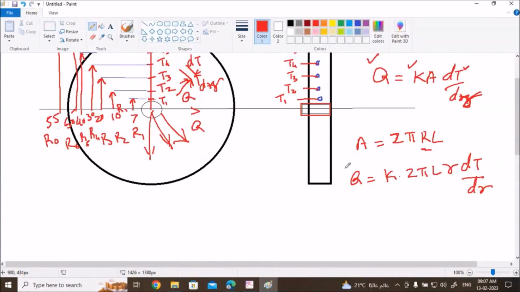Now what are the variables here? Q is constant, K is constant, L is constant, R is variable, temperature is variable, radius is variable. Now I will take the variable terms. Q is constant, so dr will come up here, and this r will come down: Q dr by r is equal to K, 2 pi L constant, and dT is variable.